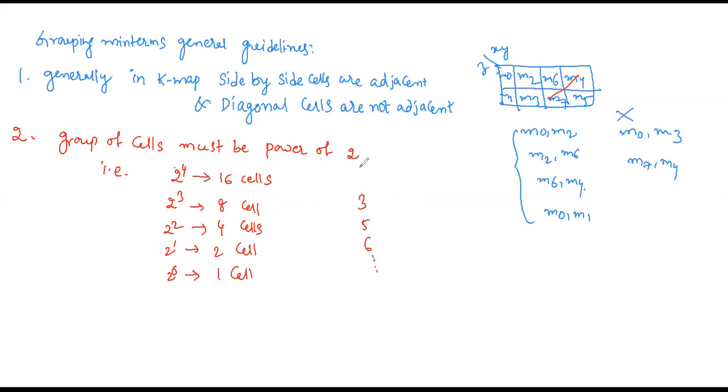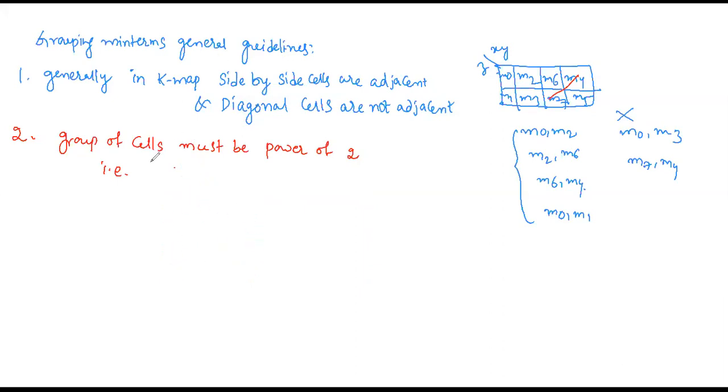The number of cells in the group should be a power of 2, either 2 to the power of 4, 2 to the power of 5, 2 to the power of 6, like that. And the minimum group is 1 cell. With 1 cell you can form a group, minimum. Maximum is 2 to the power of whatever number you can take.